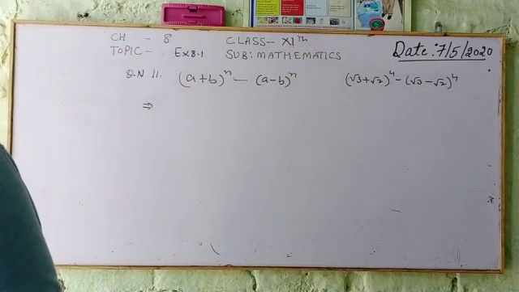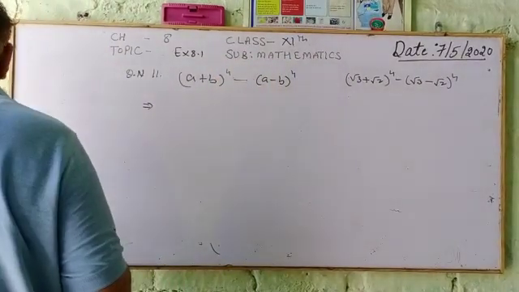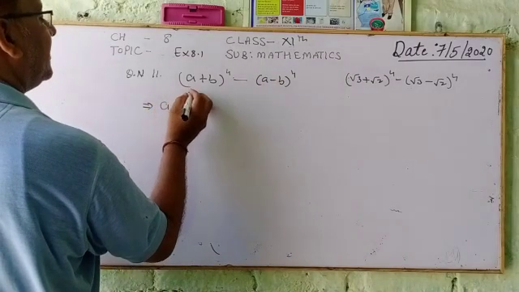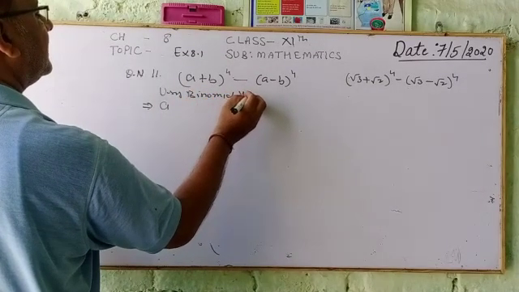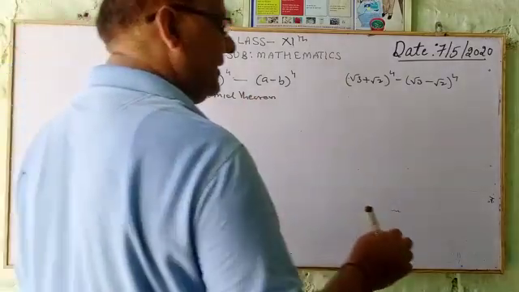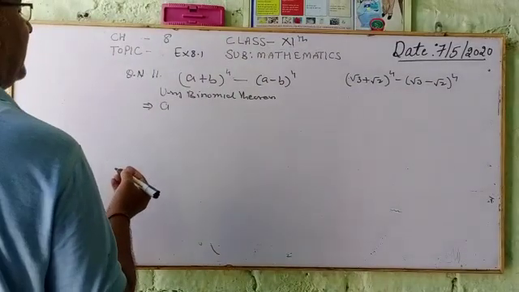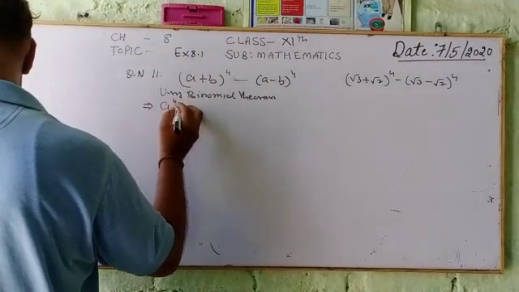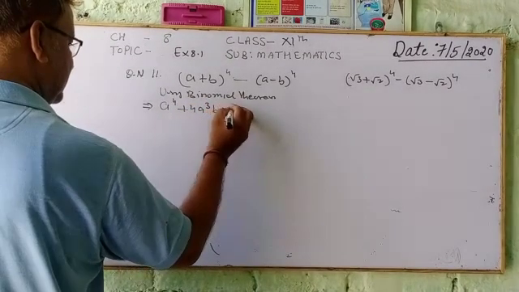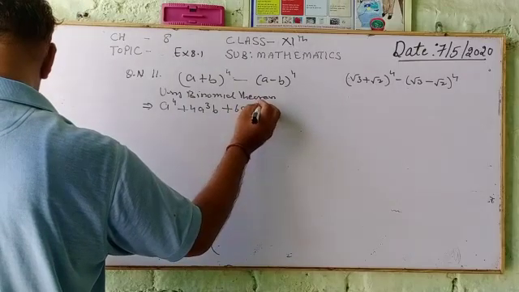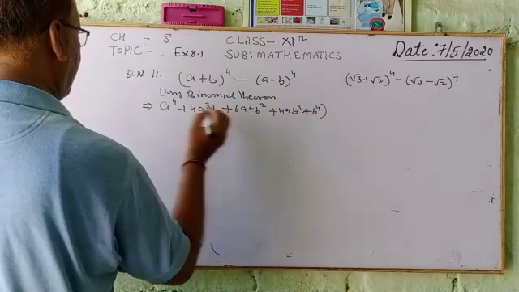Here n is 4. Using the binomial theorem, we get a raised to power 4 plus 4a cubed b plus 6a squared b squared plus 4ab cubed plus b raised to power 4.